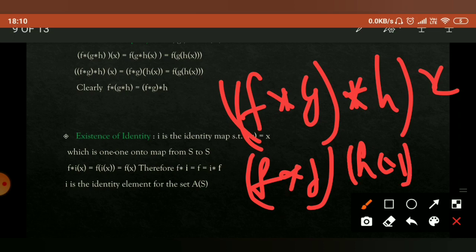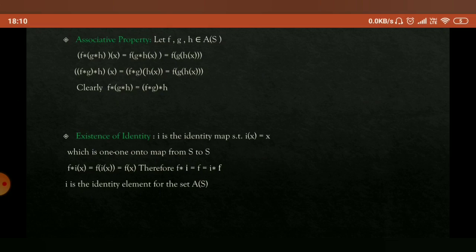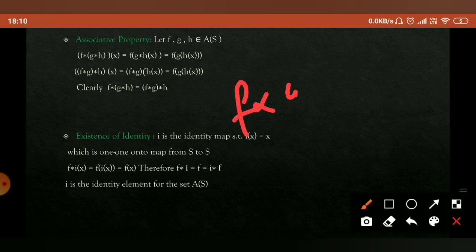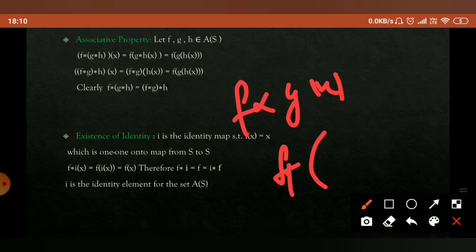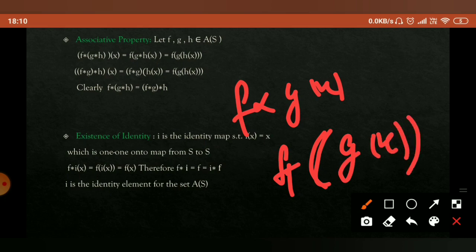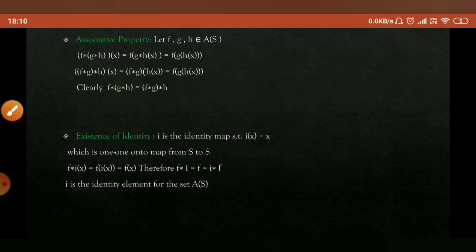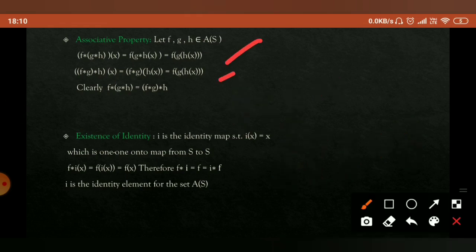Then after opening, whenever you have to write F star G on X, you have to replace star by bracket and maintain the order, right? In place of star you just put the bracket. So in this way we can see that these two are the same. So this means the associative property is true for the set of permutations.